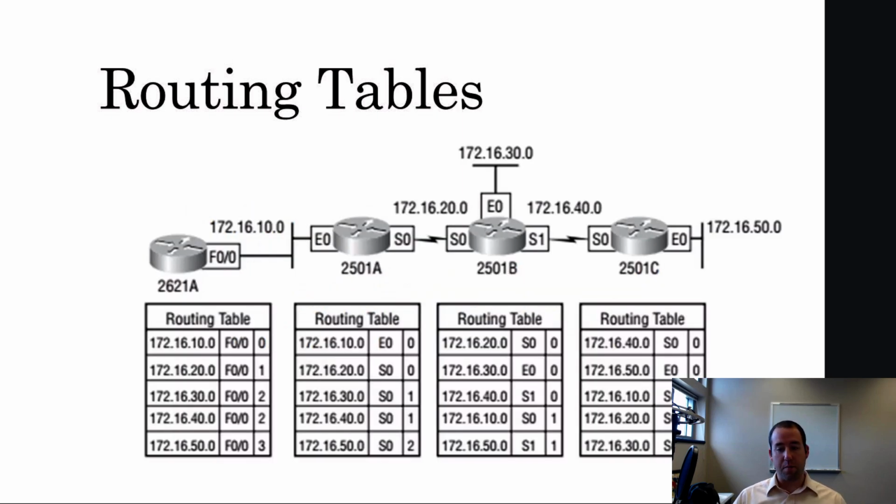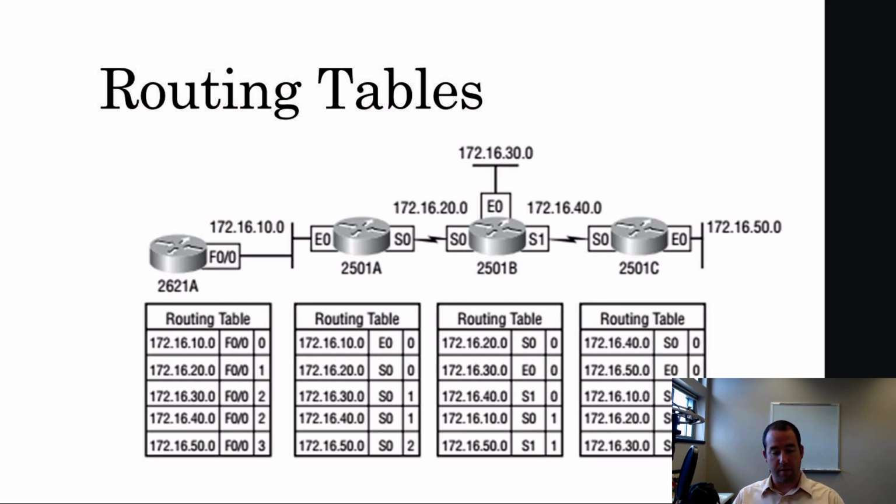In this case, we've got a bit more of an advanced network and a few more different devices going on. And you see these routing tables. Each device has a routing table that contains information about all of the networks. So on the left, we see the routing table that says 172.16.10 is on F0/0, that network connection, that interface.